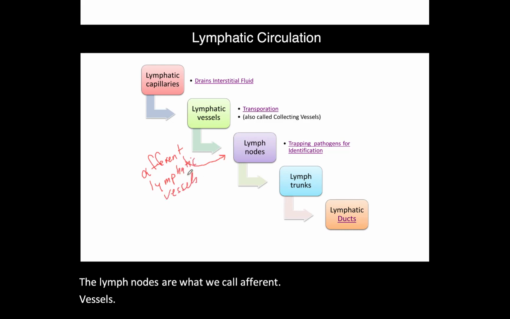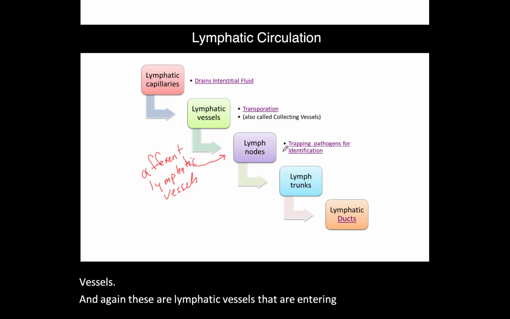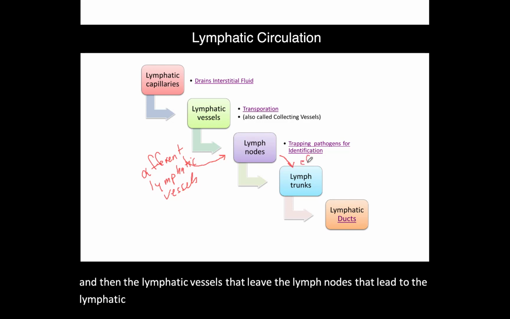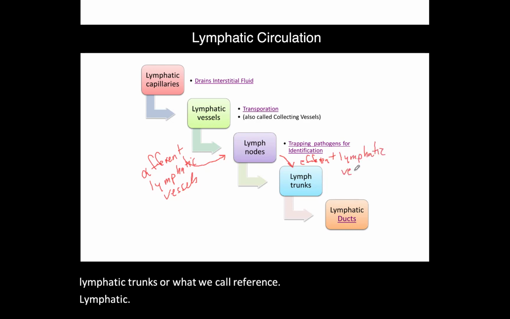And again, these are lymphatic vessels that are entering the lymph nodes. And then the lymphatic vessels that leave the lymph nodes, that lead to the lymphatic trunks, are what we call efferent lymphatic vessels.